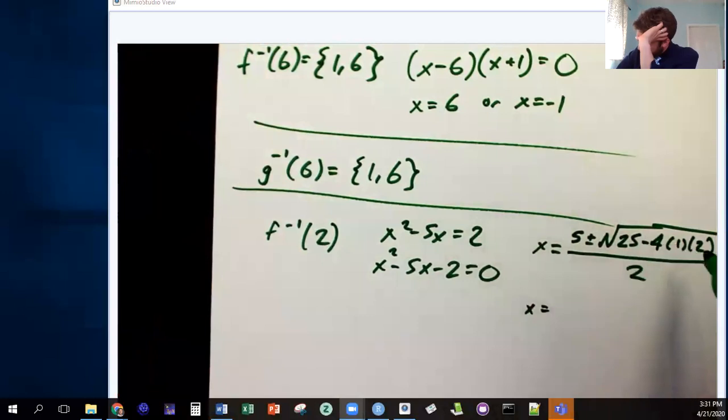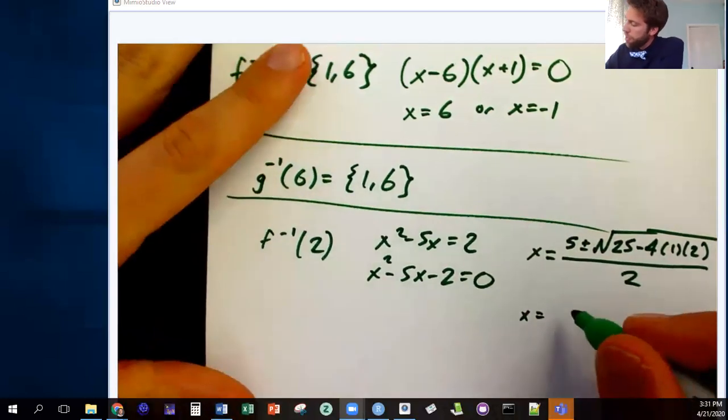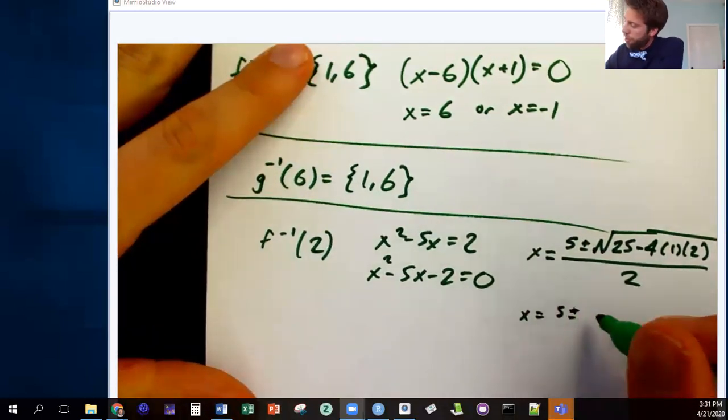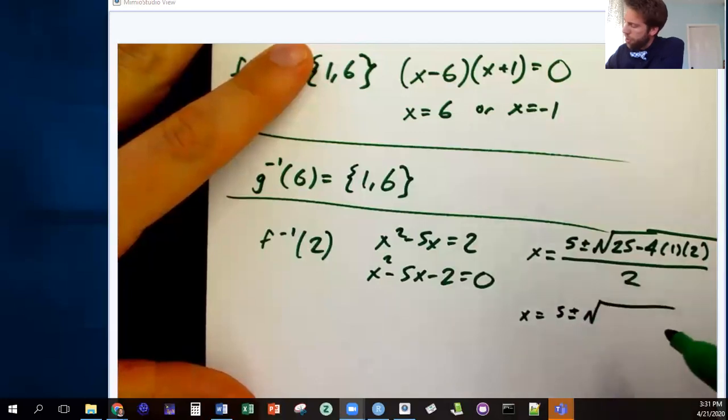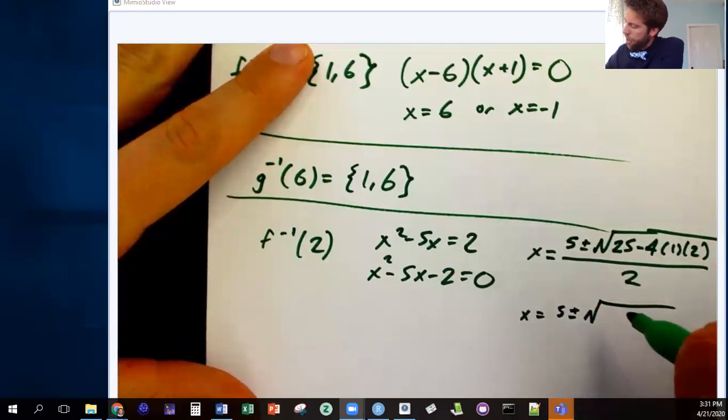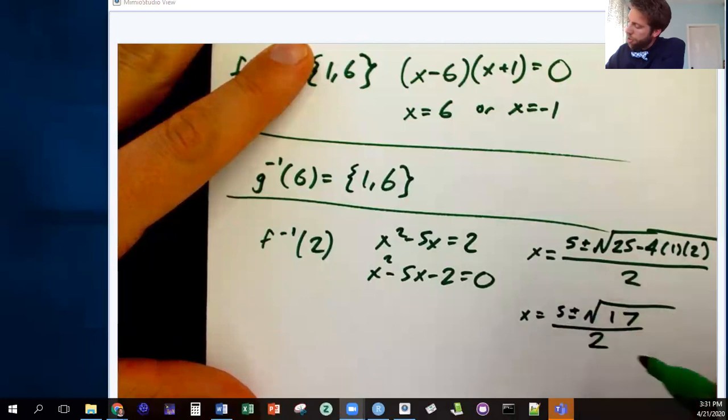So x equals 5 plus or minus the square root of 25 minus 8, which is 17, all over 2.